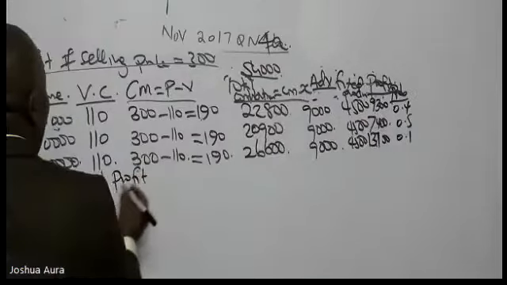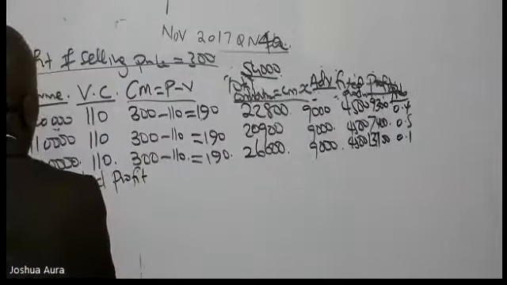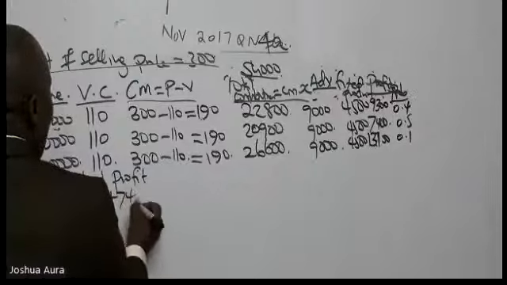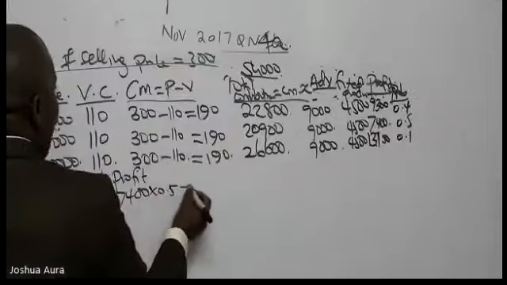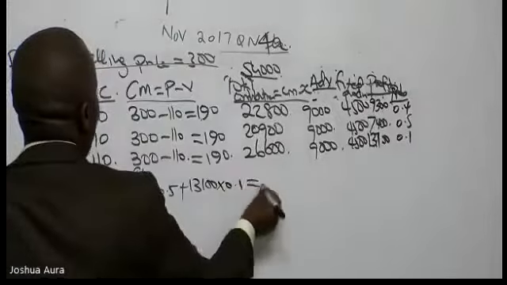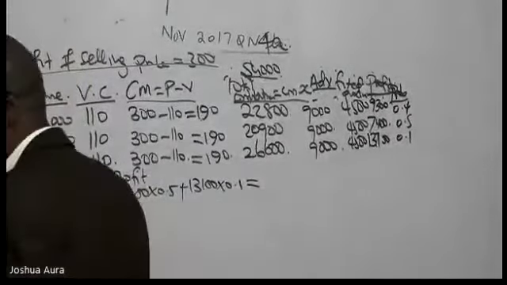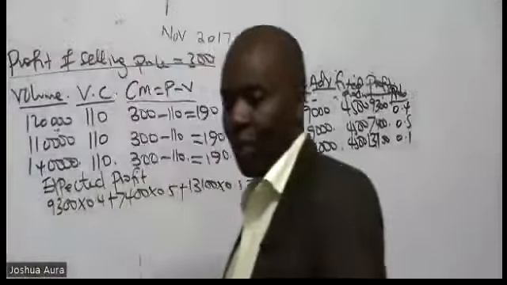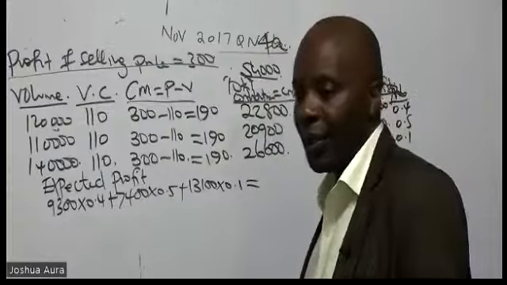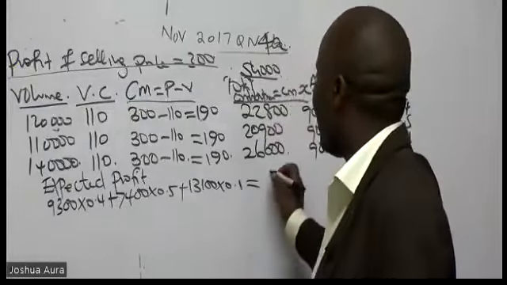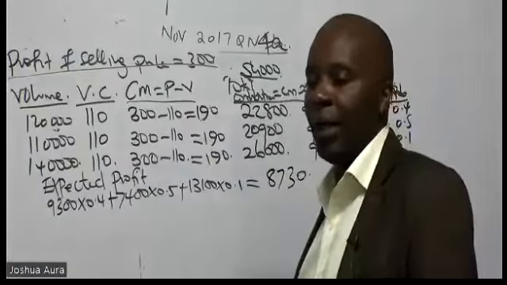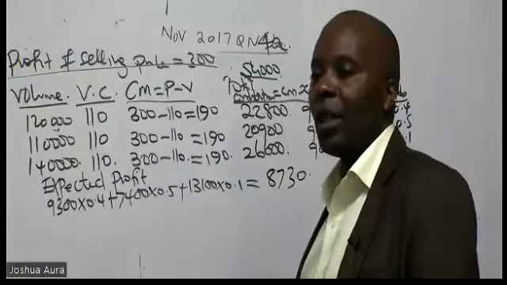So we have 9,300 times 0.4 plus 7,400 times 0.5 plus 13,100 times 0.1, which will end up giving us what expected profit? Please help me out here. 87.30.